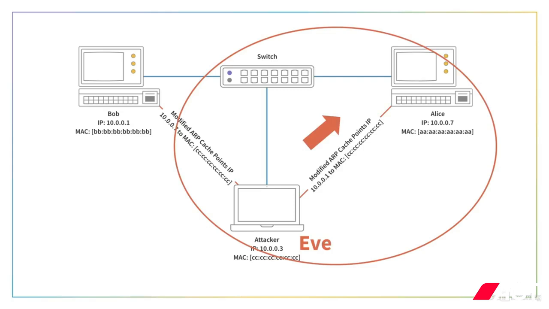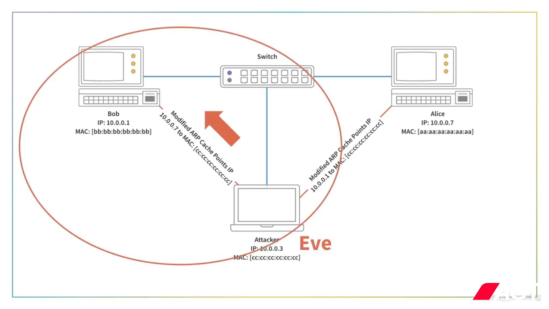From then on, whenever Alice sends a message to Bob, Eve intercepts it. Eve does the same ARP poisoning exercise with Bob and makes him think that it's Alice. Eve still forwards the messages from Alice to Bob, but can now eavesdrop on all the conversations between Bob and Alice.